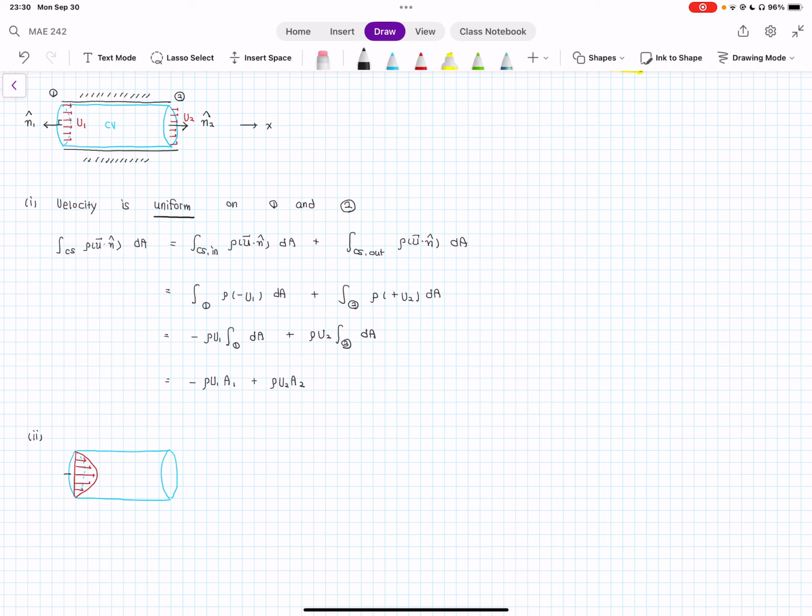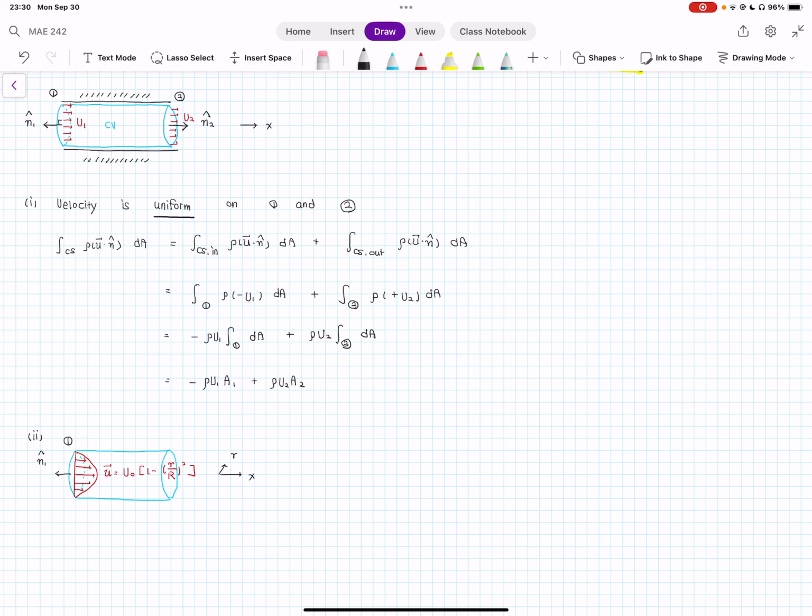So let me calculate this quantity only on the surface 1 because the same idea applies on the surface 2. So this is my velocity, and this profile is given like u naught times 1 minus lowercase r over capital R squared, and x direction is the streamline direction, R is the radial direction.